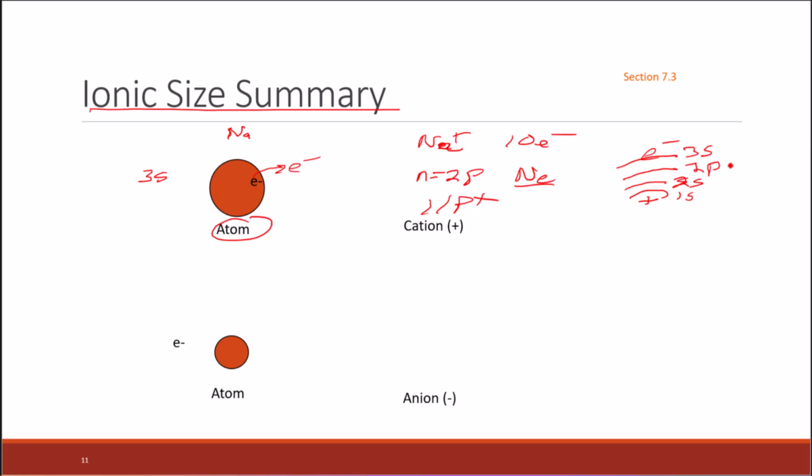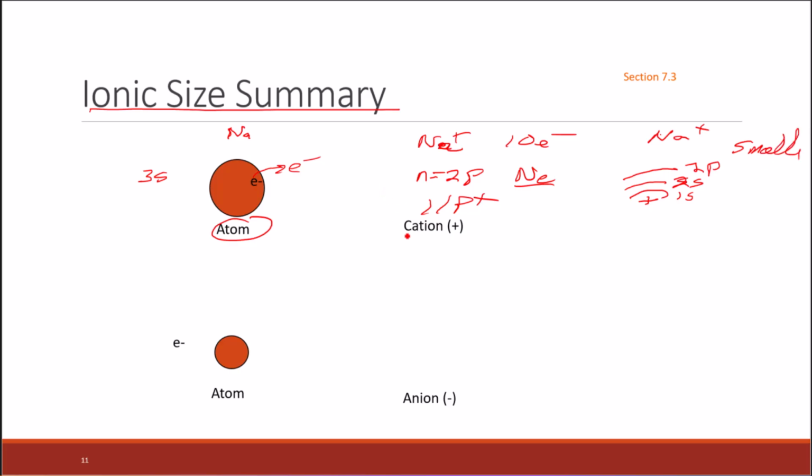When that 3s electron leaves, you drop down from 3s to 2p. And so this 3s electron is out of there. It's gone. The 3s subshell is still there, but there's nothing in it. And so the measured value for the sodium cation is smaller.